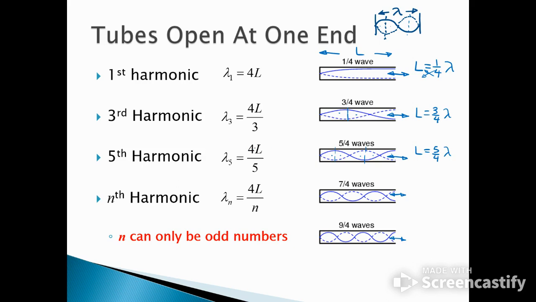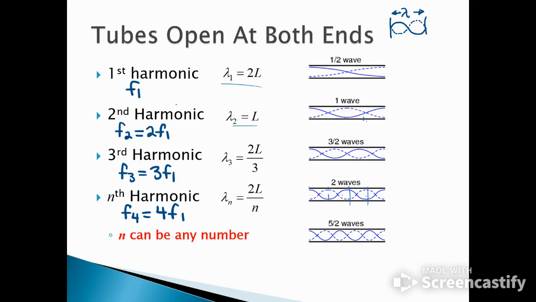So we can calculate the wavelength just by making this relationship here. You can see that this is going to be 1, 2, 3, 4, 5, 6, 7 quarters. And then when you rearrange for lambda, if it was for this one, it would be 4/7 L. But they just keep going up and keep going up and keep going up.